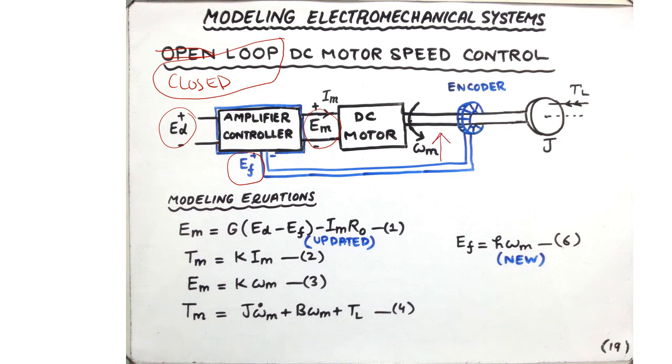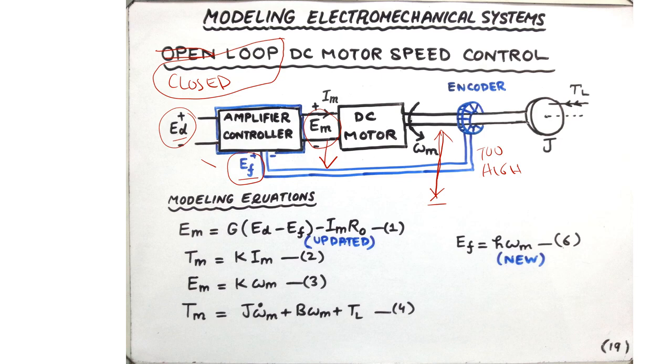On the other hand, if the motor speed is too high, then the difference between ED and EF will be smaller, and the amplifier controller gain is so set that EM is going to reduce, and this will in turn bring the motor speed down to some small value or lower the speed of the motor.